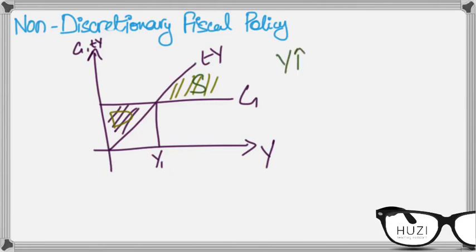So let's say your equilibrium income rises. If equilibrium income rises, you are bound to spend more in the form of consumption. But if this rises, this means that you will pay more in the form of taxes to the government. And this means withdrawals rise.